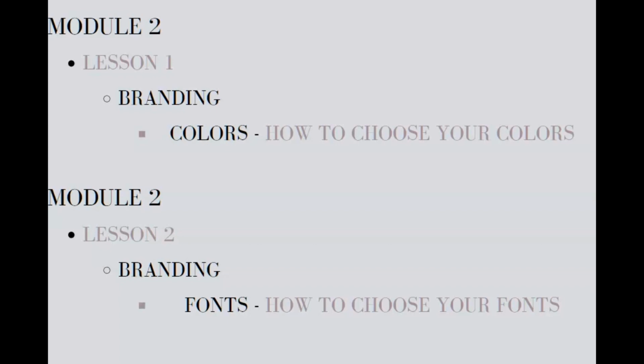And then on Module 2, same module, Lesson 2, because it's still under the same category as branding, I'm going to go into fonts, how to choose the best font, how many fonts they should have on a website, how big they should be, how small they should be, what color they should be. Okay, all of those go under that lesson, and so on and so forth.